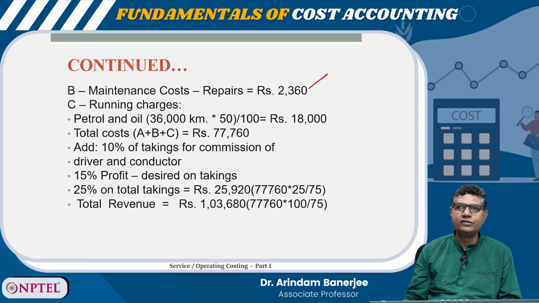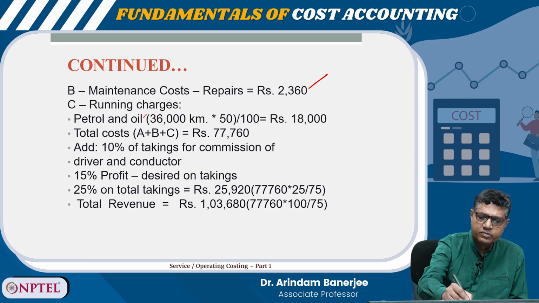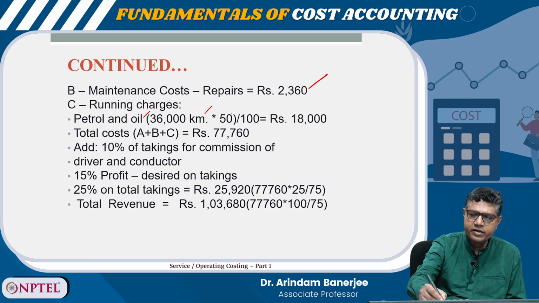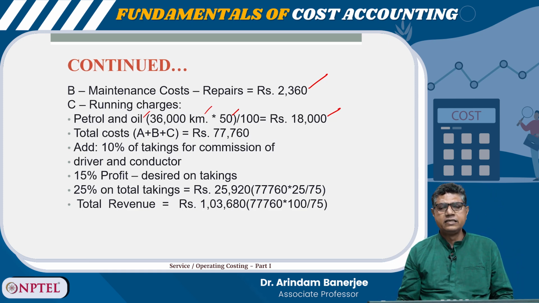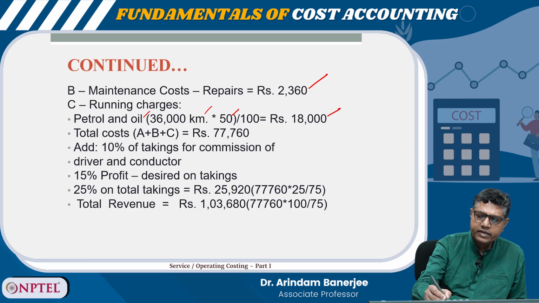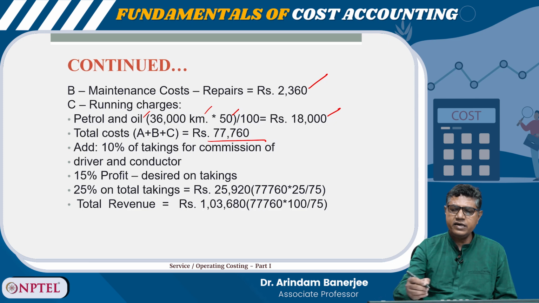Petrol and oil, for example, 36,000 kilometers into 50 by 100, it is 18,000. Total cost, if I add A, B and C, where A is the standing cost, B maintenance and C running charges, I am getting the cost 77,760.